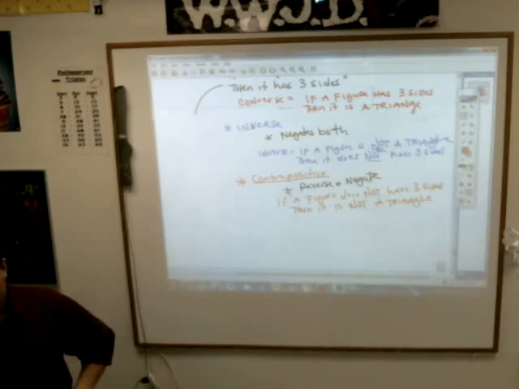Okay. So if the statement is, if a number ends in 5, then it is a multiple of 5. If you were asked to write the converse of that, that means you just reverse the order, and you would say, if a number is a multiple of 5, then it ends in 5. Is that true? If a number ends in 5, it's going to be a multiple of 5, isn't it?